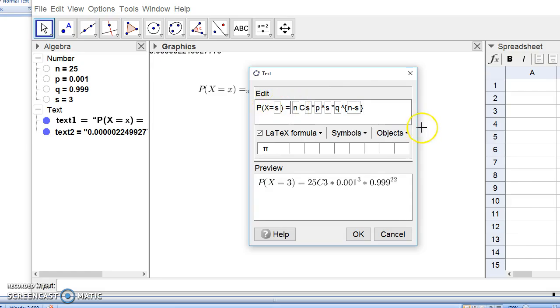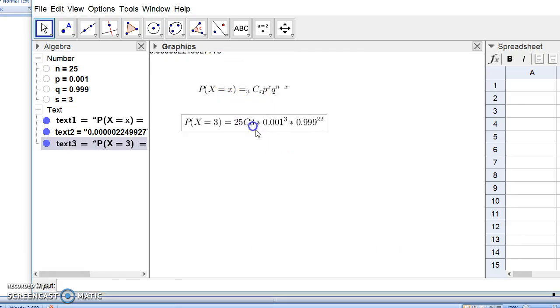Okay, and again, let's just get these to be, that's fine. Okay, so this is the formula we're always using, right? The probability that x is equal to whatever value is 25, choose that value, and so on. Let's change our number of successes to 0.